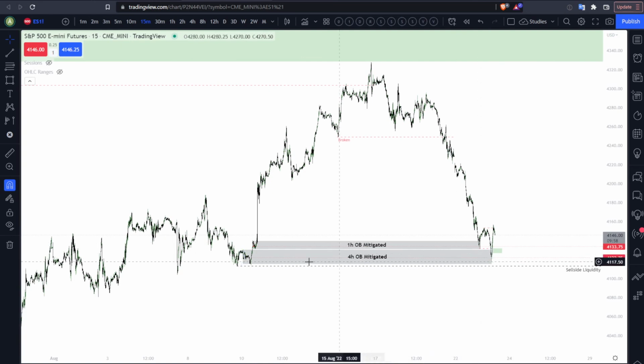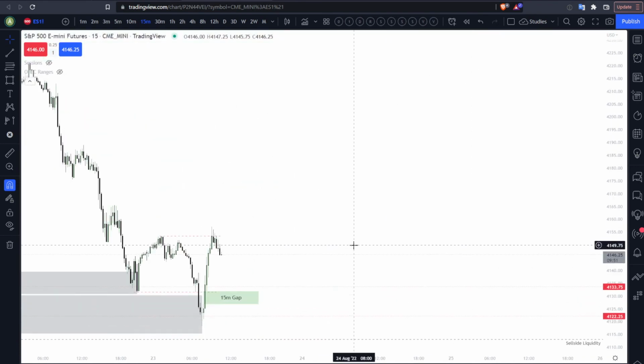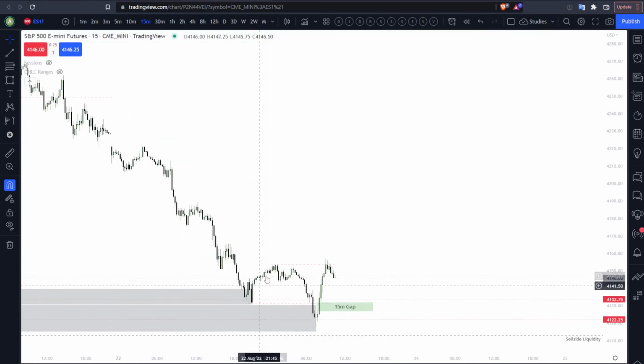We still did not take out the sell side liquidity below these lows. But we already created here a change in market structure. Created a low, a local high, broken the low, broken the high. This is my favorite formation.